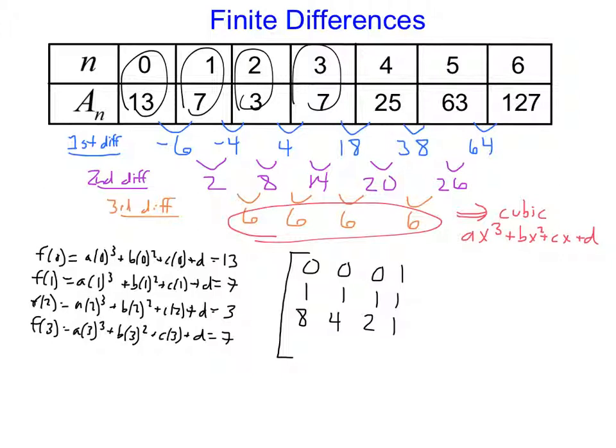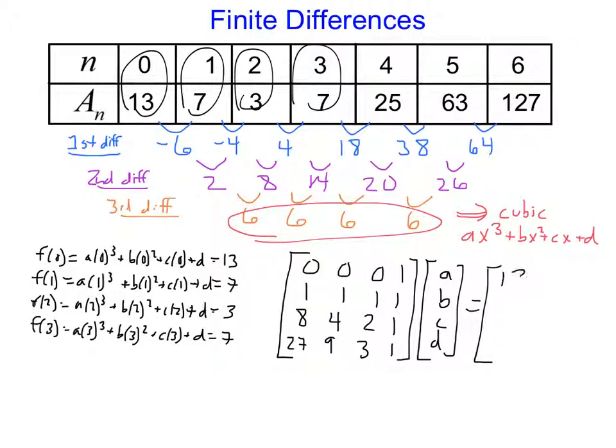And 3 cubed is 27, 3 squared is 9, there's a 3 and there's a 1. So this is my coefficient matrix being multiplied by the variable matrix a, b, c, and d, and that's going to spit out the resulting matrix of 13, 7, 3, and 7.